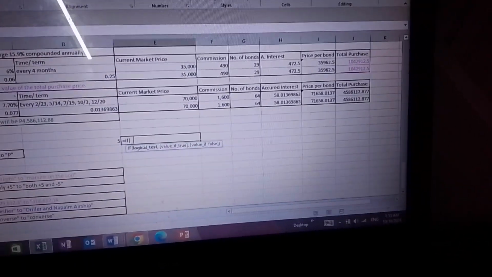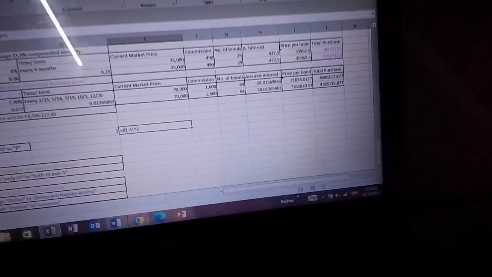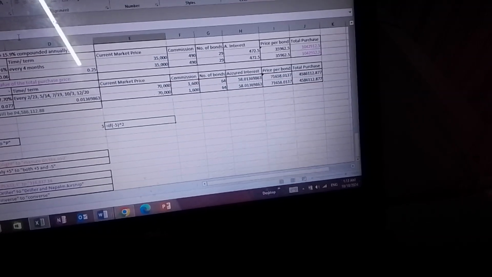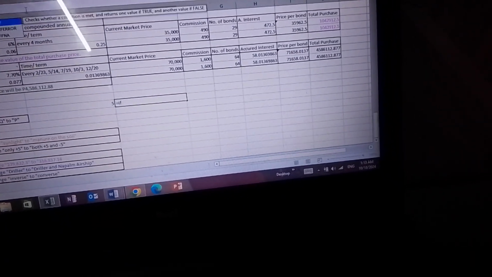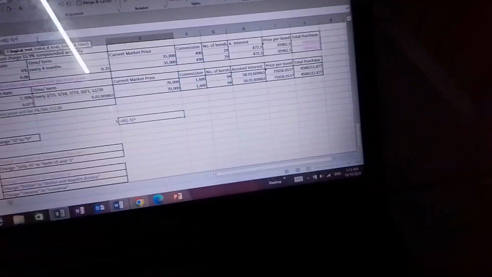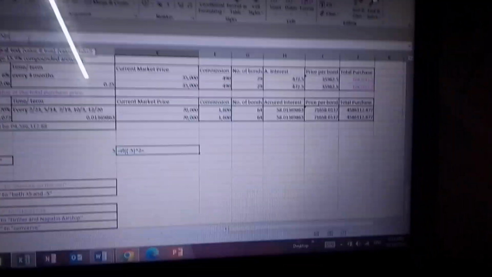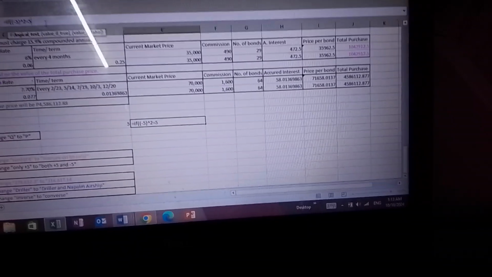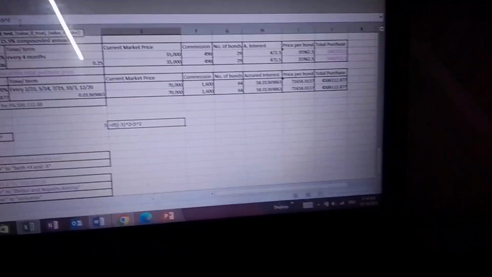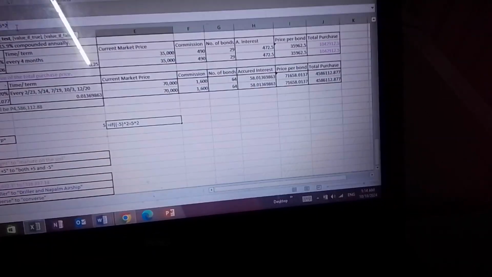Or, we can do this condition. If, logical test, negative 5 squared equals 5 squared, that's the logical test.